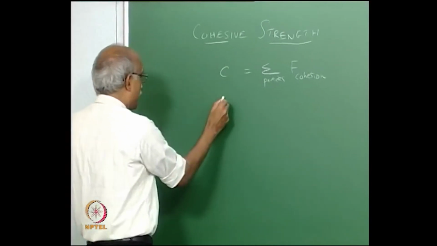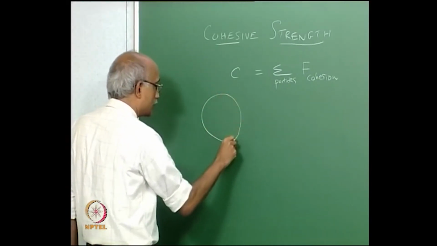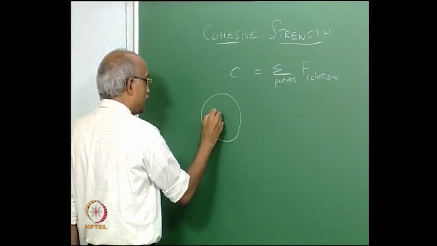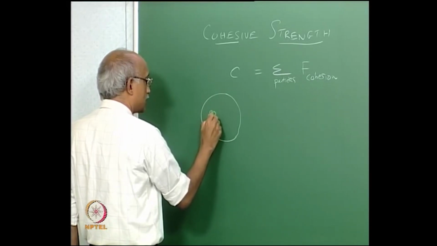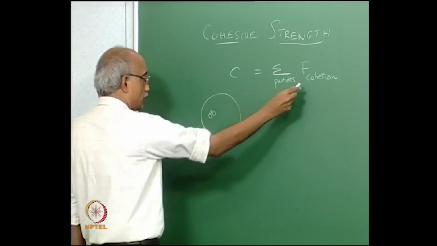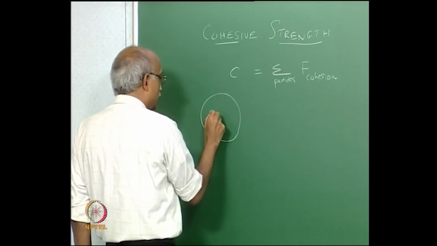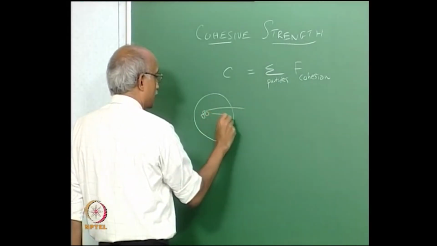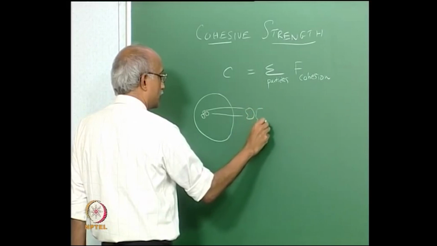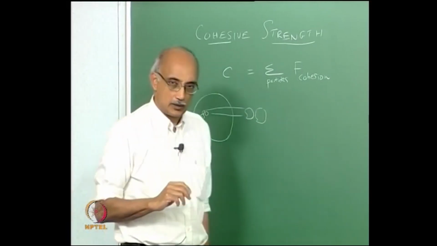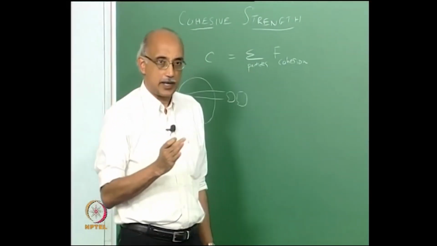So, if you have a large tablet like this and you have many particles that comprise this tablet, what we are talking about when we talk about F cohesion is these individual pairs. How do a couple of particles that are close to each other interact?